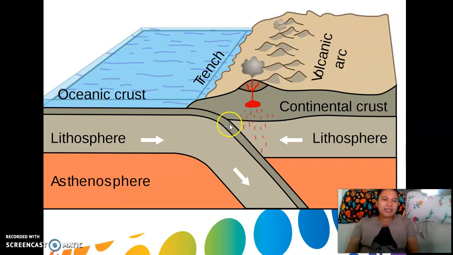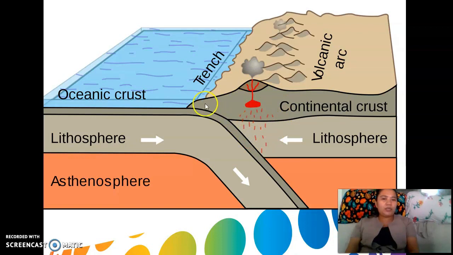The friction releases an intensive amount of heat. That heat melts the rock and forms magma in this region. The magma is less dense than the surrounding rock, so it will go up and form a volcano. So in line with the formation of a subduction zone, it will form a volcano.